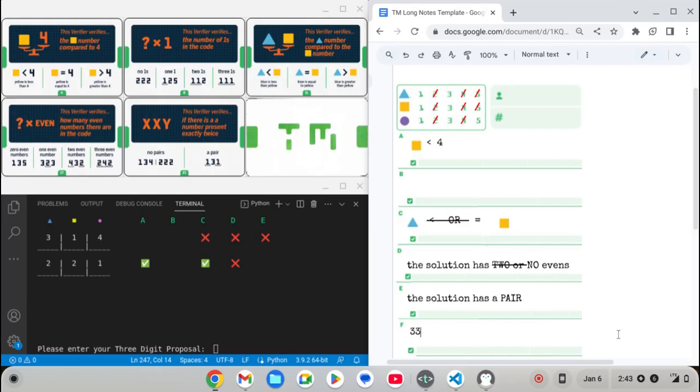And so the question is, is it 331 or 335? So that's where how many 1s really come into play. We're going to deduce that it must be the 3 in triangle. So let's go ahead and cross out the 1s.